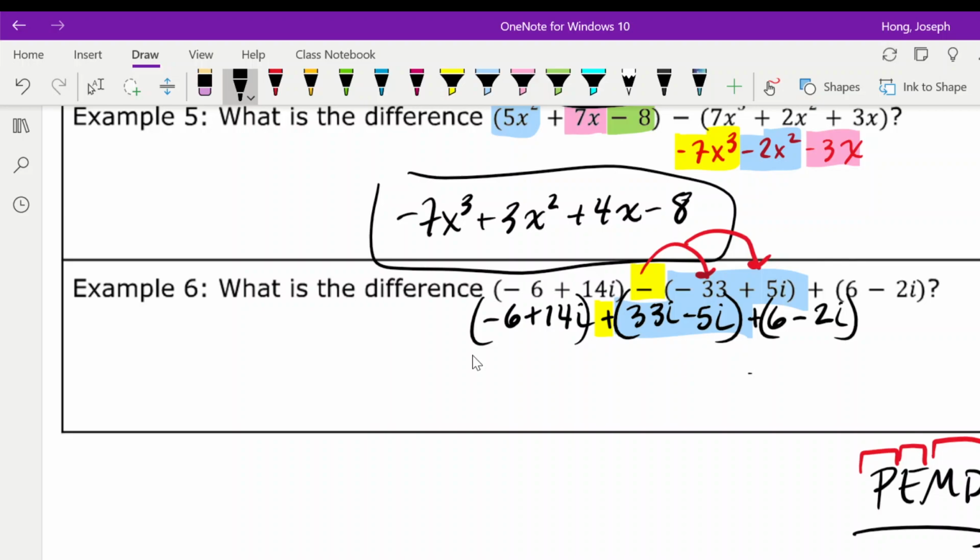So what I'm going to do now is combine like terms. So this is 33, regular 33, sorry. It's going to be a plus right here.